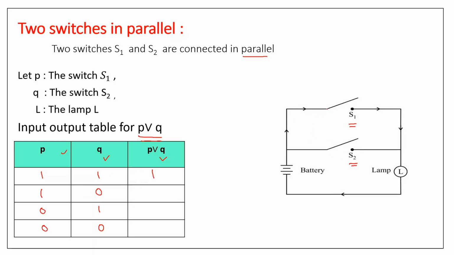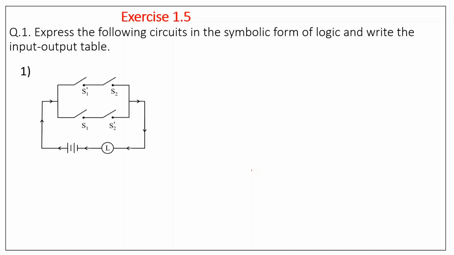If S1 is closed, current will flow through it and the lamp will glow, so this is also 1. If S1 is open and S2 is closed, then current will flow from here and the lamp will glow, so this is also 1. And when both are open, then obviously the lamp will not glow.